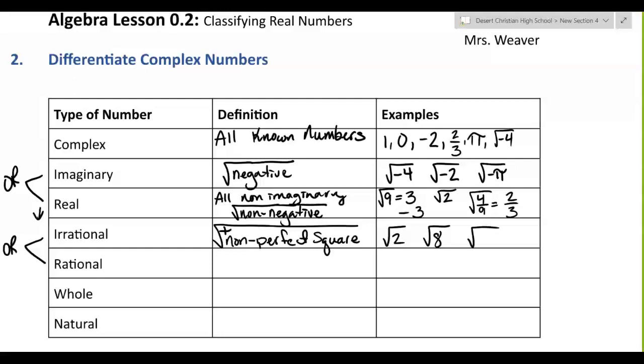Radical 4.1 would all be irrational because those numbers are not perfect squares. Okay. And these can also be negative as long as the negative's in front, so negative radical 3, for instance.